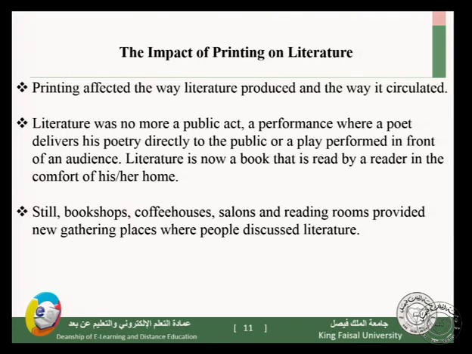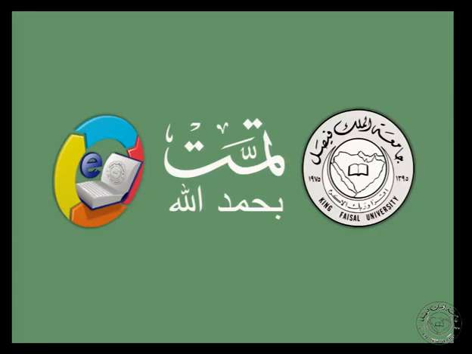Still, though, the 18th century and printing give us a new type of venues where literature circulates, places like bookshops, coffee houses, salons, and reading rooms where people gathered simply to read and discuss literature. These are new places that have become common for people to go and read and discuss literature.